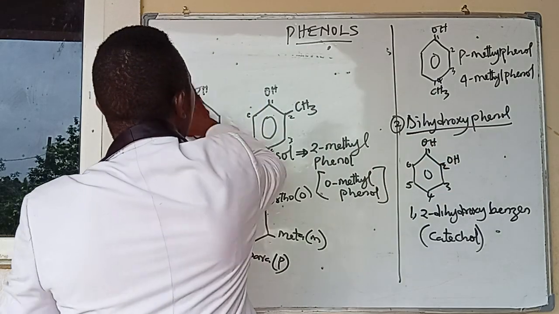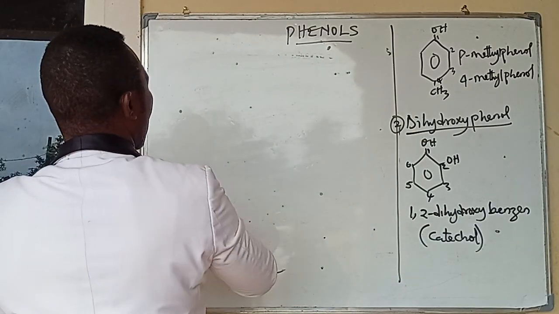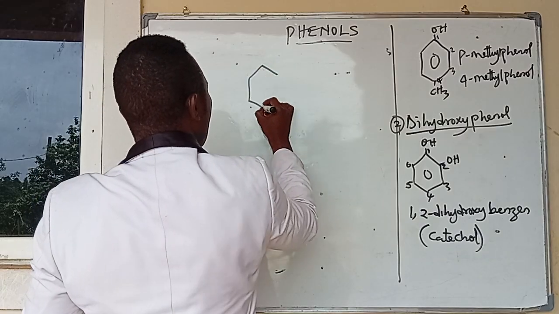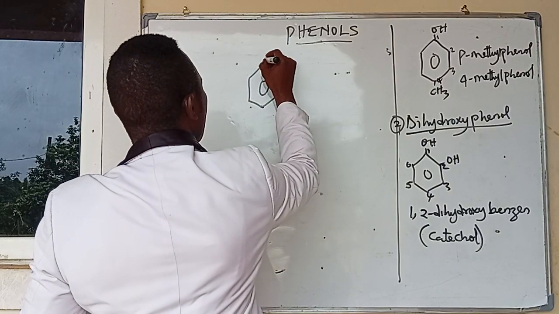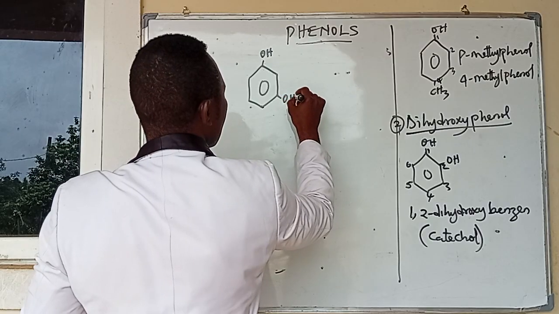Then we can still have another structure, where this is OH and this is OH.